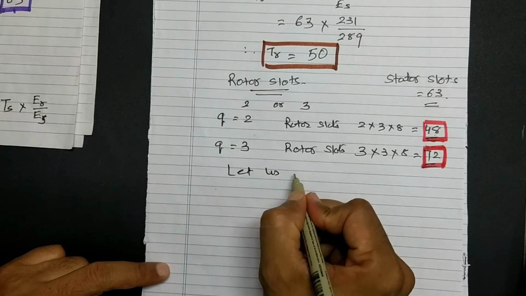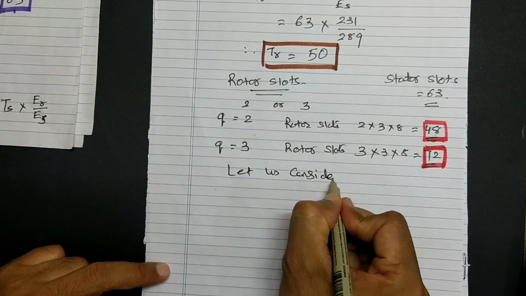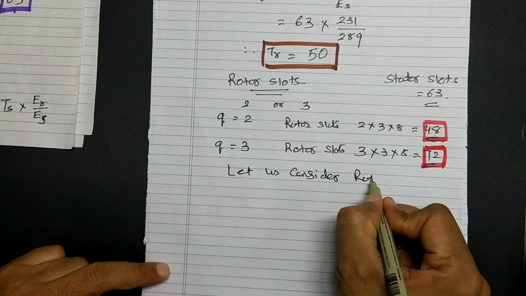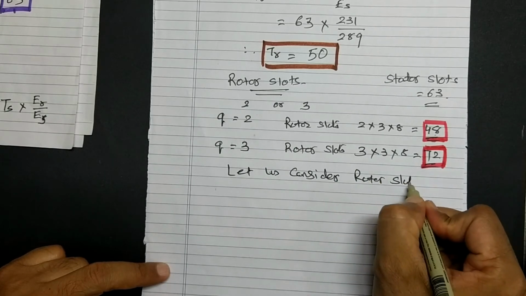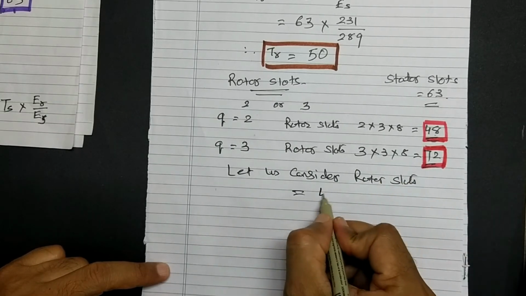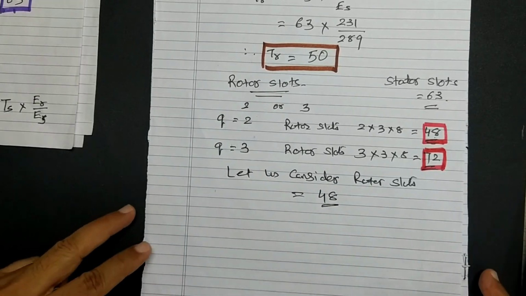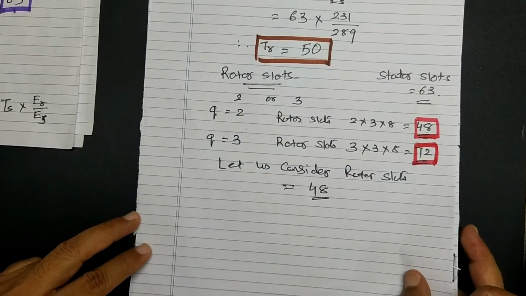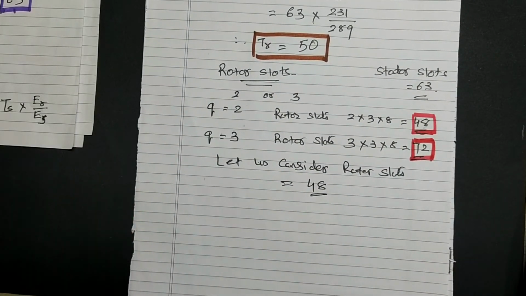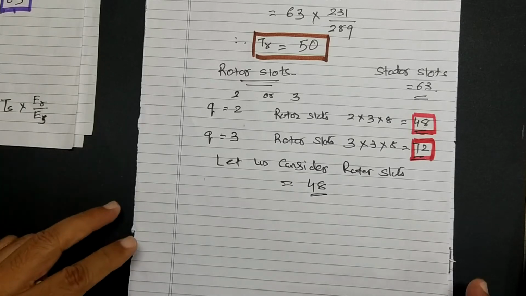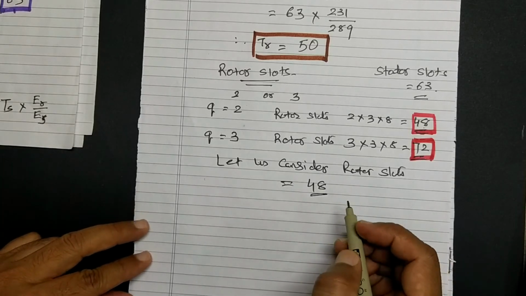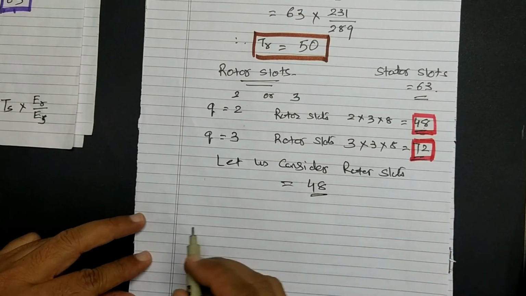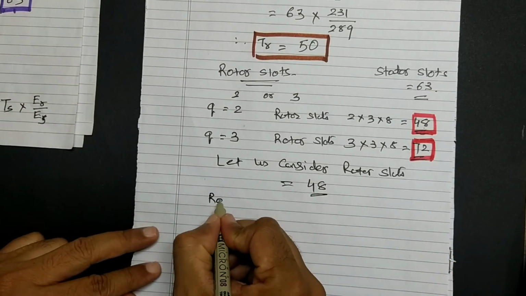So let us consider rotor slots as 48. Based on this value we have to consider the conductors per slot, the rotor conductors per slot.